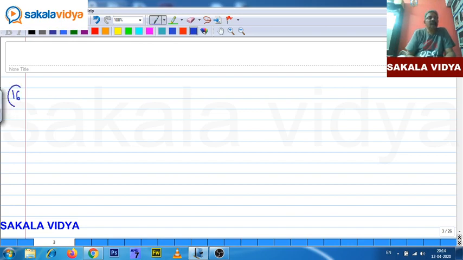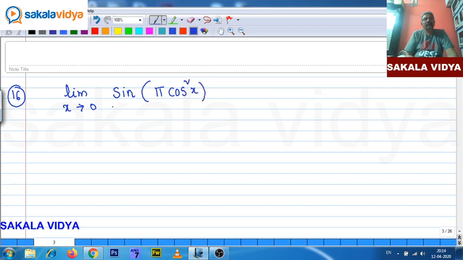Now the 16th problem. Limit x extends to 0, sin of pi cos square x, upon x square.